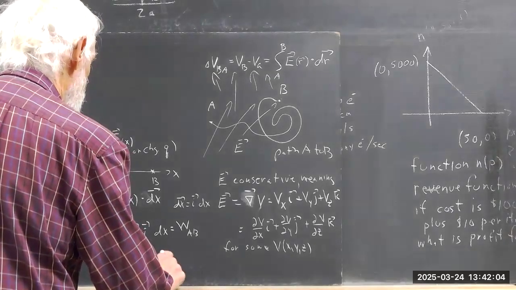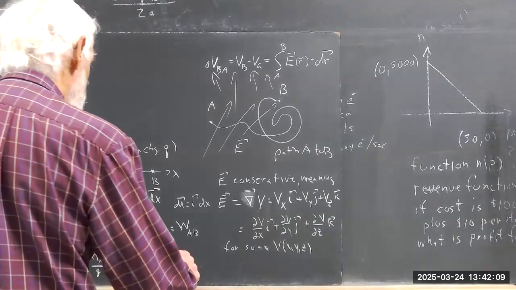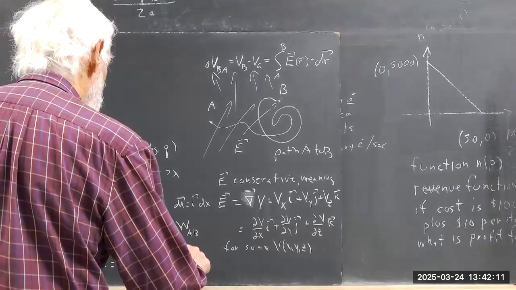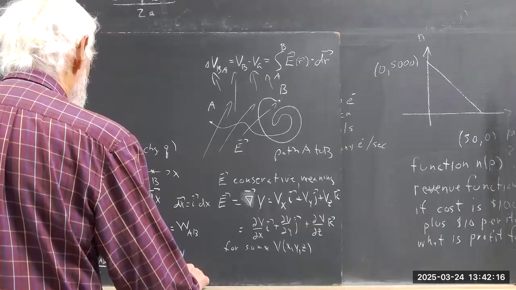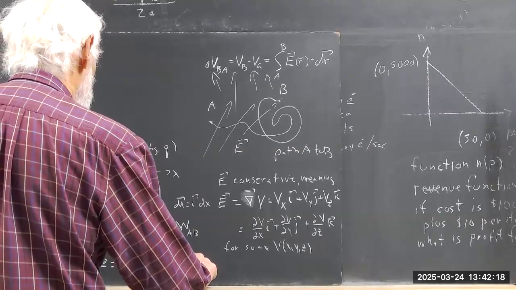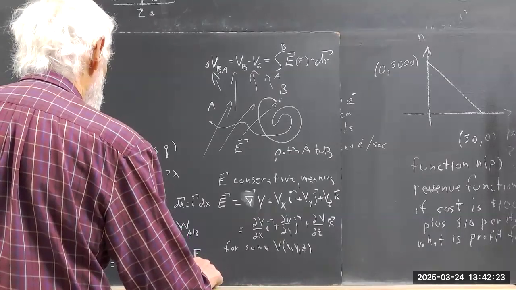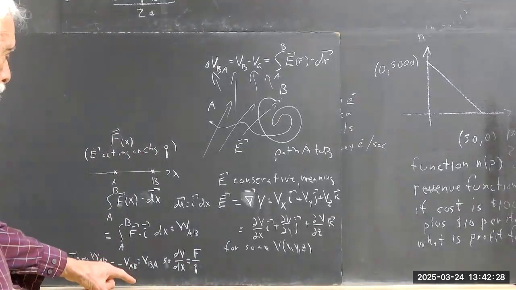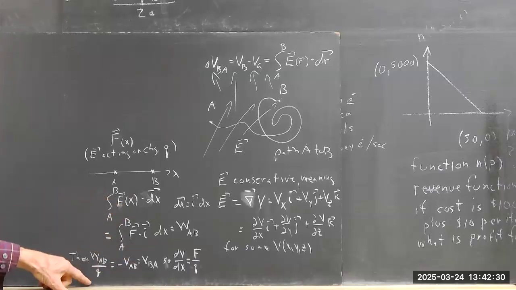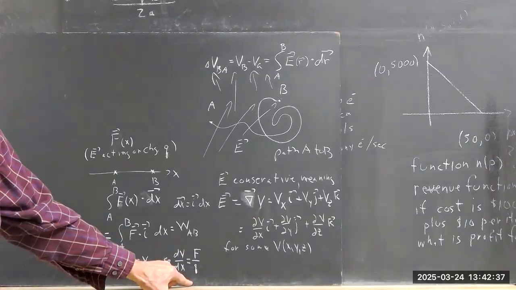Now what I'm trying to invoke, what I'm trying to note here is that V from A to B is the integral of your force over Q. Then the derivative of V is the force over Q, because the integral is an antiderivative, right?